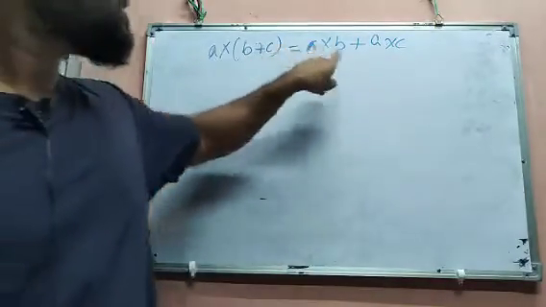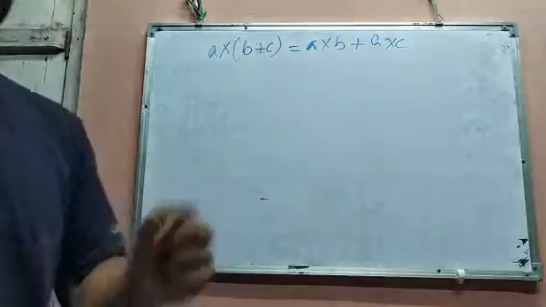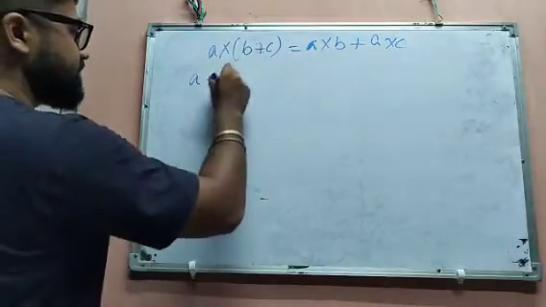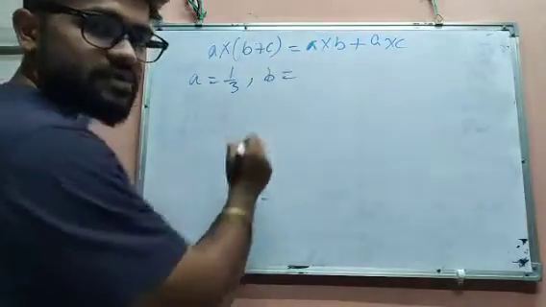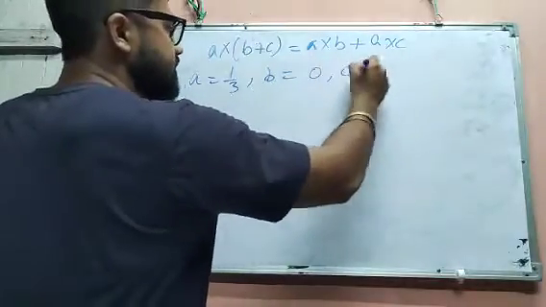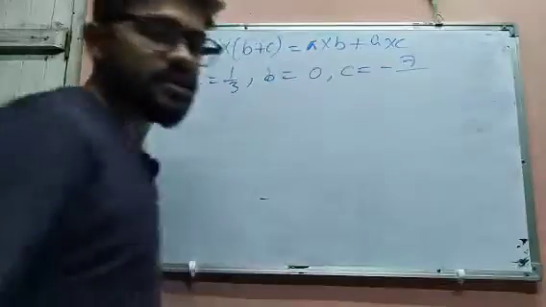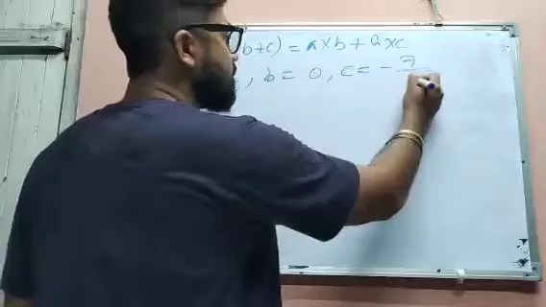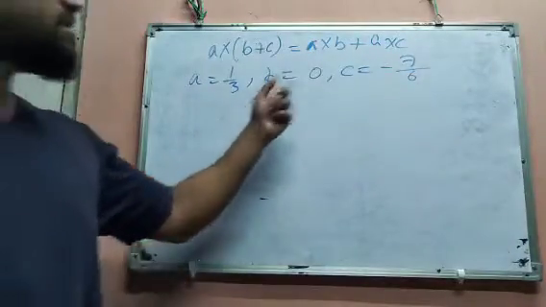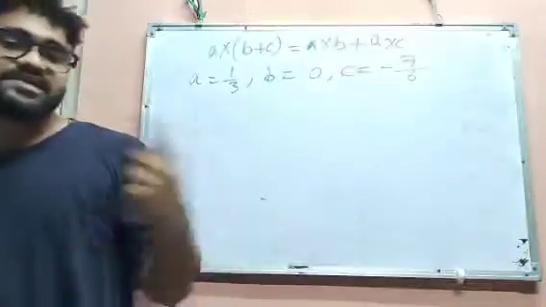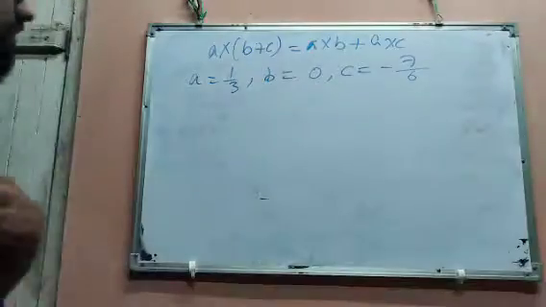Suppose you are given a equal to 1 by 3, b equal to 0, and c equal to minus 7 by 6. So how to do it? As a equal to 1 by 3, b equal to 0, c equal to minus 7 by 6 are given, what to do now?